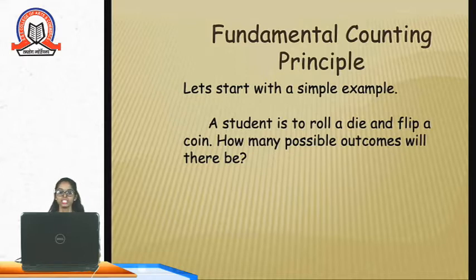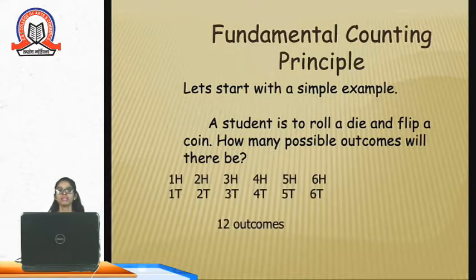My example is a student is to roll a die and flip a coin. My first event is rolling a die and the second event is flipping a coin. In these two events there is an AND word, which means we multiply the possible outcomes.